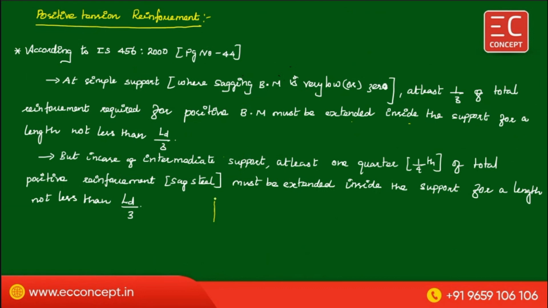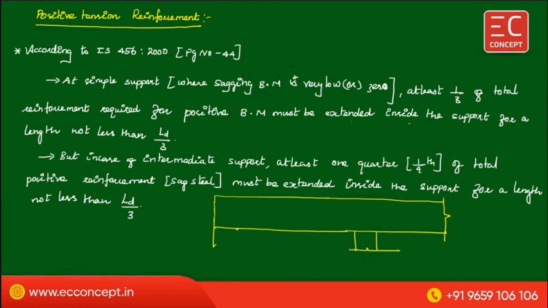Okay, so I can draw a diagram for better understanding. Suppose this is the bar. This is the intermediate support. This is the simple support, the extreme support. And your bending moment diagram, for example in this case, goes something like that, because this is the UDL. What the code says: this is the simple support.